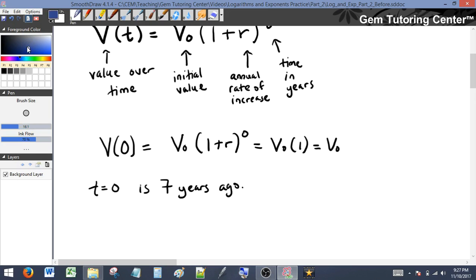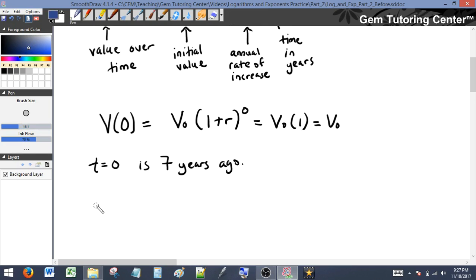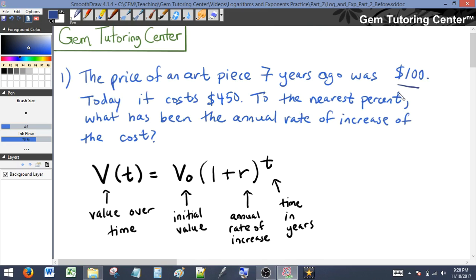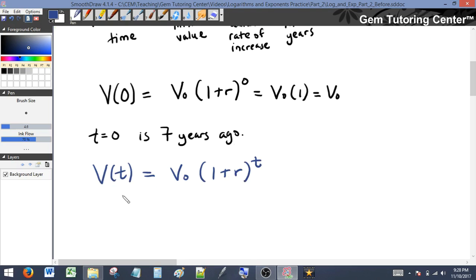Let's change this to blue. Here we go. v of t is equal to v0 times 1 plus r to the t. 7 years ago, what was the price? It was $100. So that means v of 0 is equal to $100.